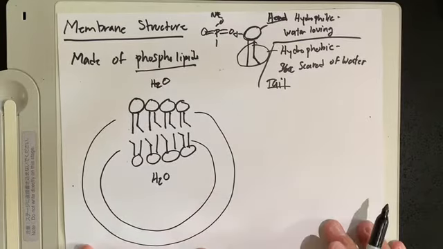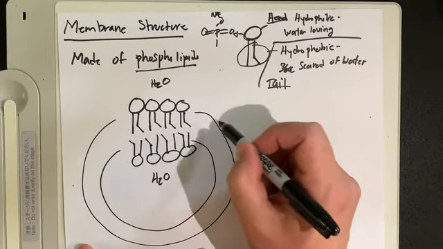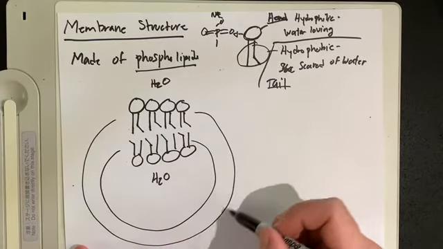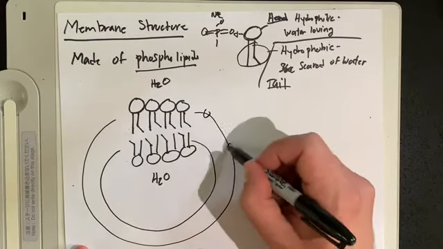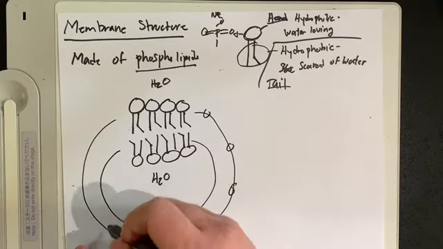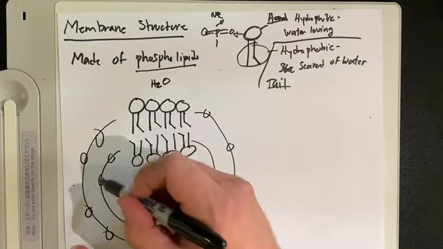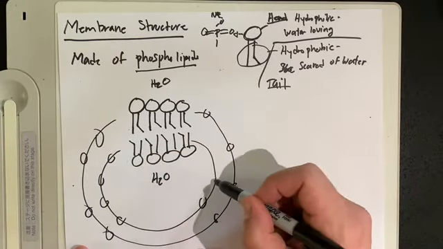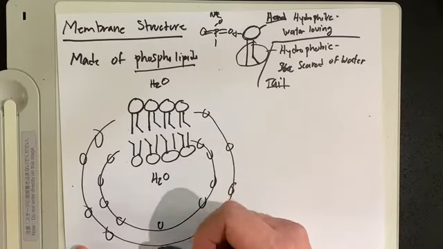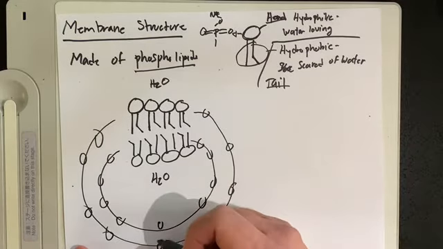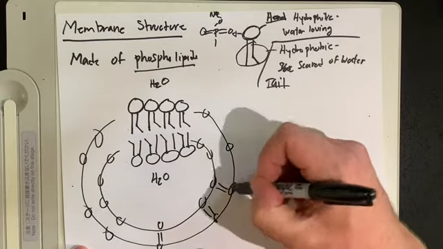And so you can imagine here, these are a whole bunch of phospholipids with all the heads up here. I'm not going to draw all these out. Or down here, and all the tails, I'm just going to do it this way, are in the middle.